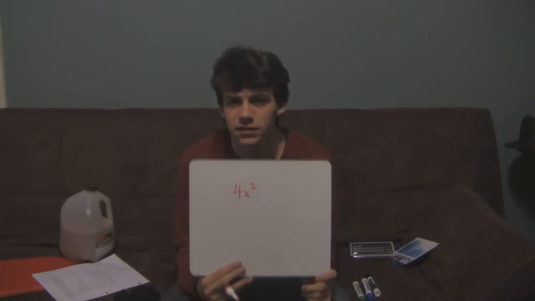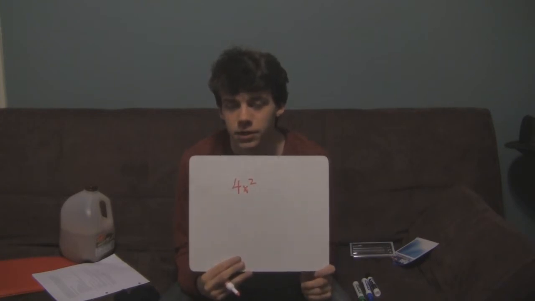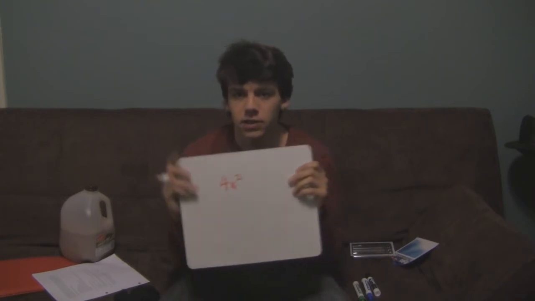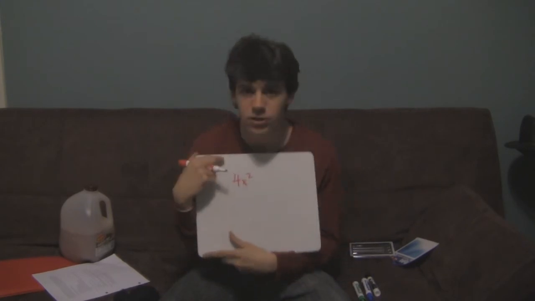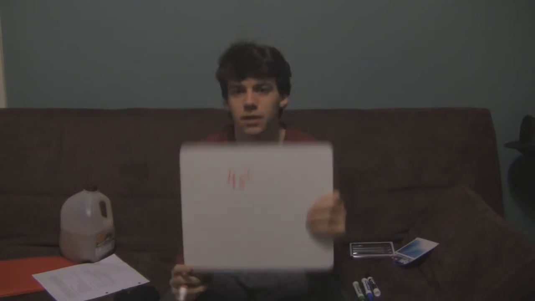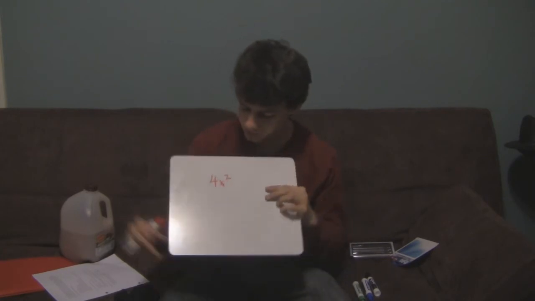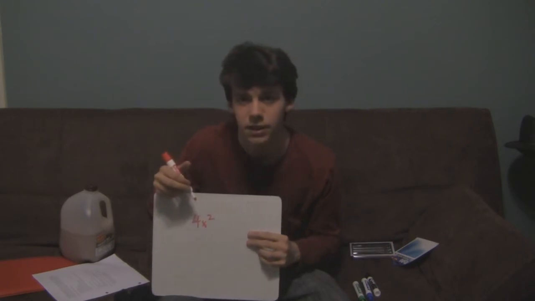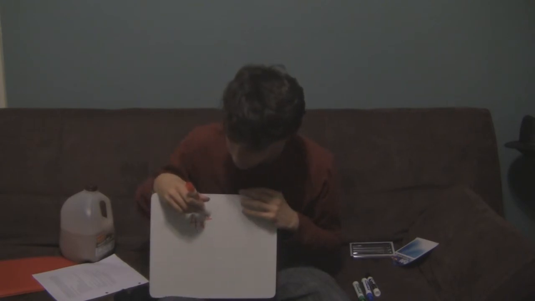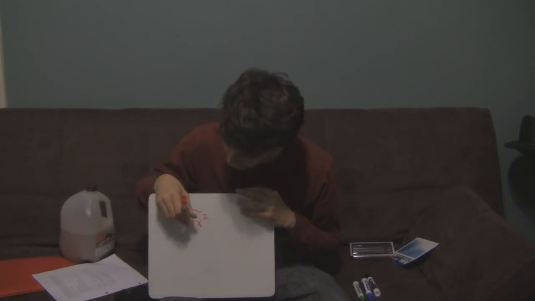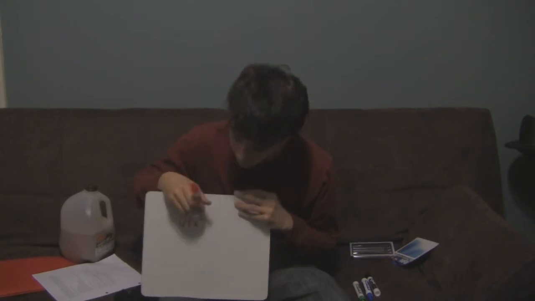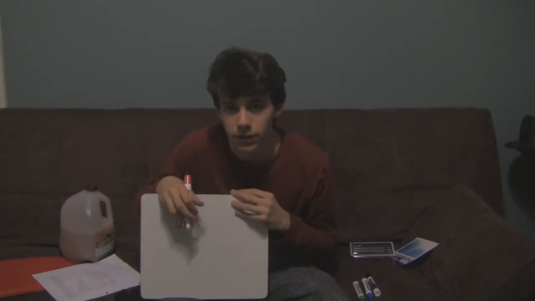Okay. Let's say you have 4x squared. Now, if you think about it, when you're doing the power rule, you're really doing the chain rule. You have this 2, you bring it out in front, and then you minus 1 from that, which would give you 8x.